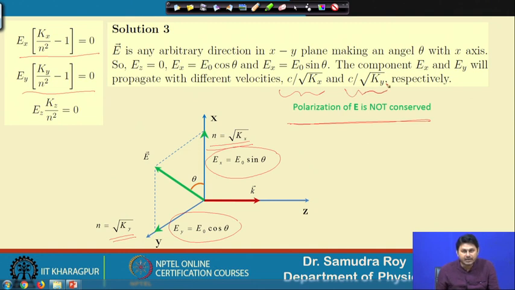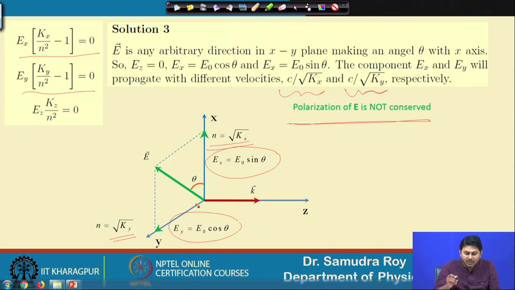The consequence is that the velocity of this particular component will be c divided by root over kx, because we know that the velocity in a medium is c divided by the refractive index. And the velocity of the y component will be c divided by root over ky.